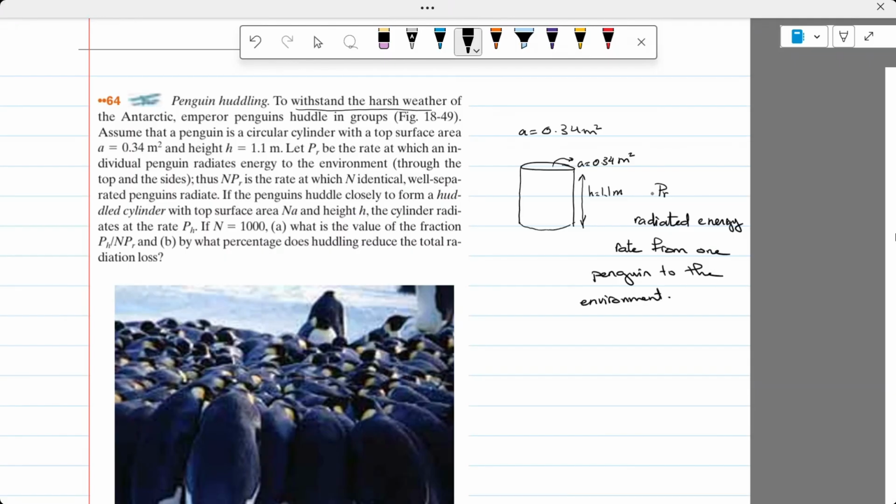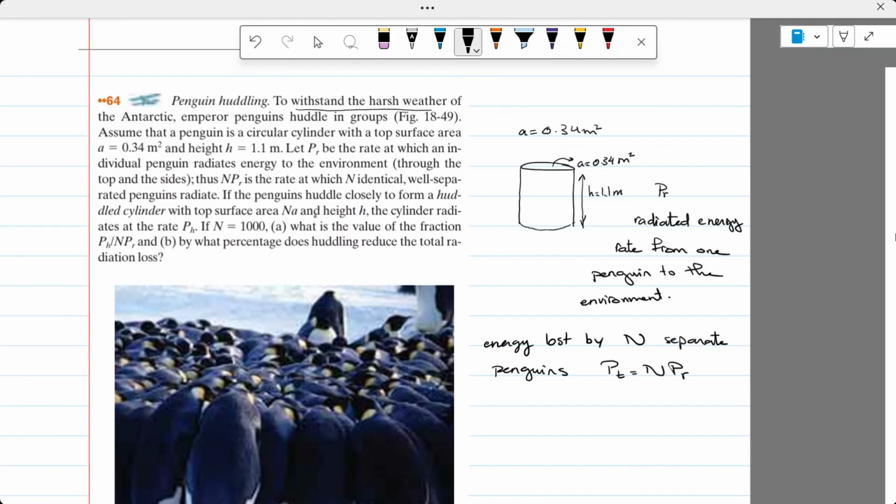So if I have n penguins that are well separated, the amount of energy lost by n separate penguins will just be P total equals n times PR, right?